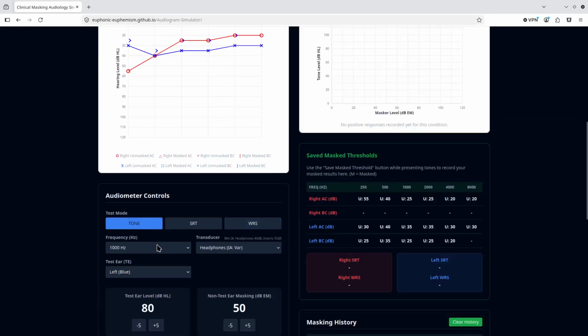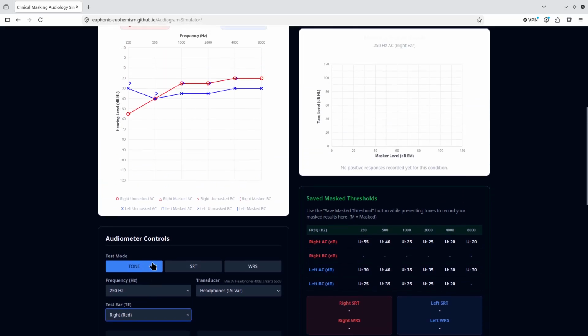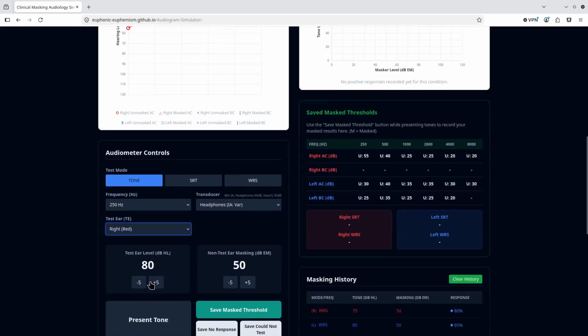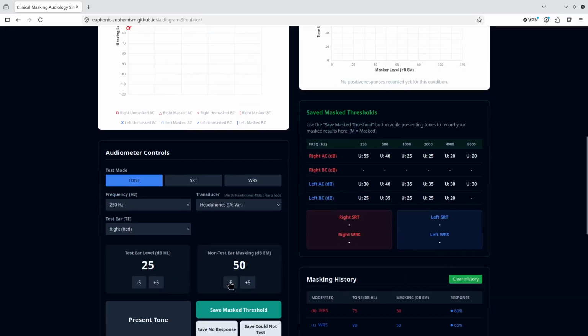So bone conduction, right ear at 250. We're going to start at 250 in the right ear at 25 dB. In the non-test ear, we've got it at 40 dB.